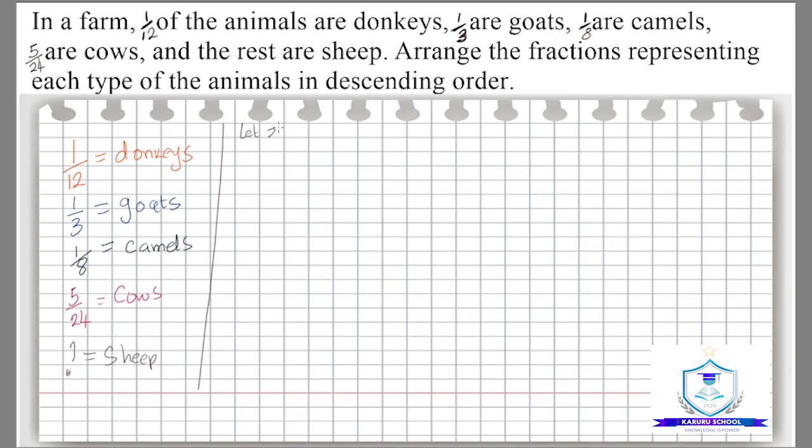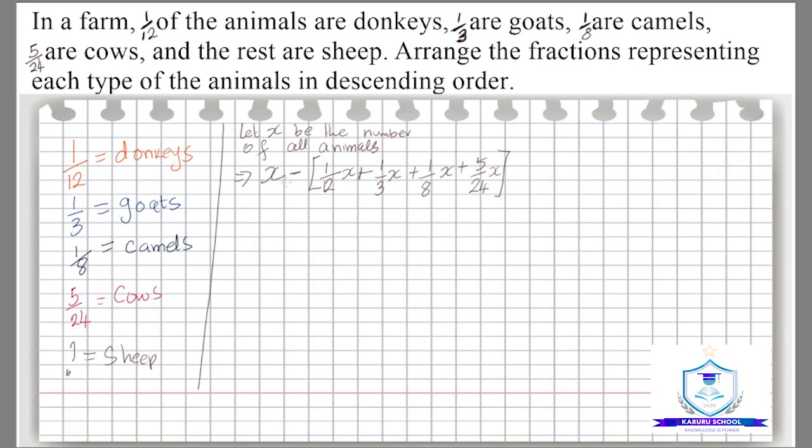So let x be the number of all animals. So this implies that if you take x, the total number of animals, and then minus the fraction of x representing the donkeys, so this is minus 1/12 of x, plus the number of goats in that farm, which will be a third of x, plus an eighth of x, plus 5/24 of x, which represents the number of cows.